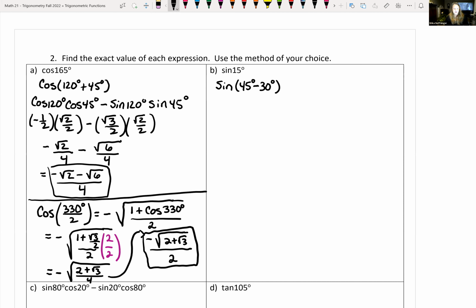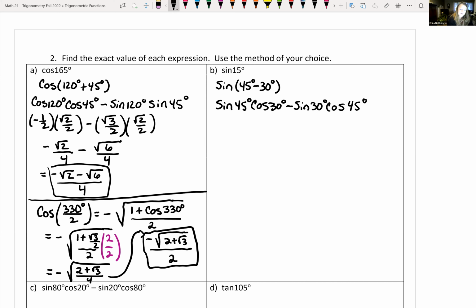So the sum of angles for sine, remember, was sine, cosine, and in between we had the same sign that was in between the angles of our expression. So here we would have sine of 45 degrees, cosine of 30 degrees, minus sine of the other angle, 30 degrees, cosine of the other angle, 45 degrees.